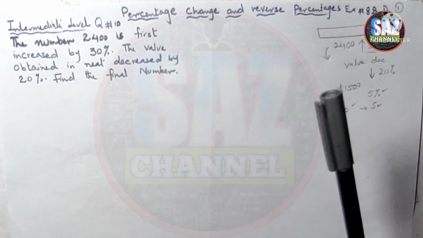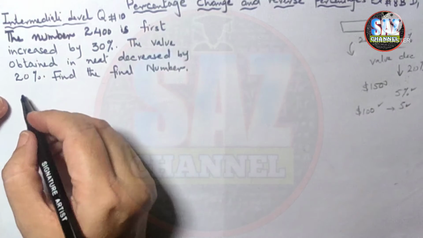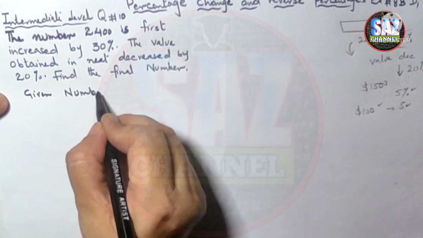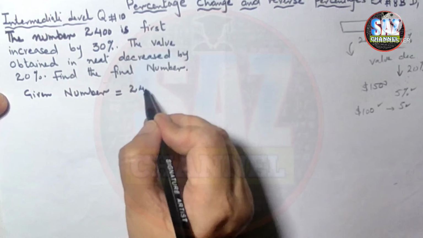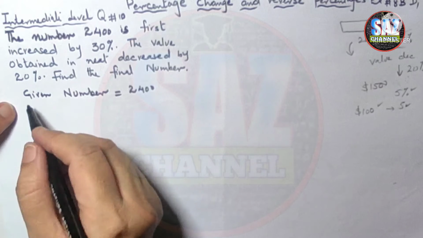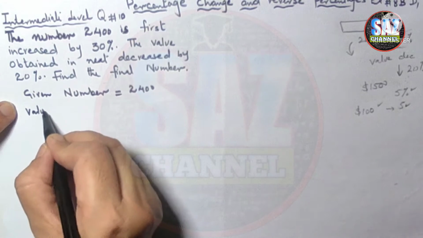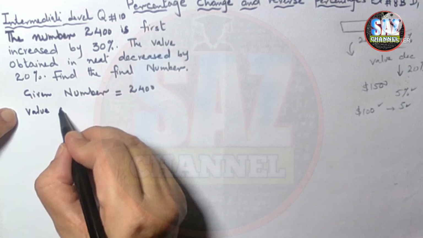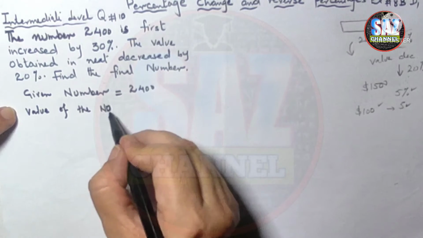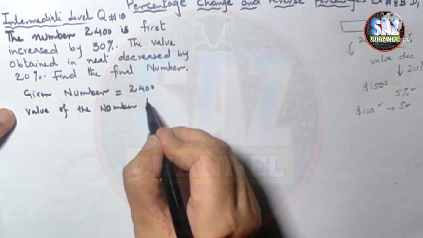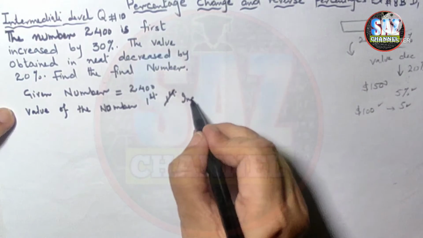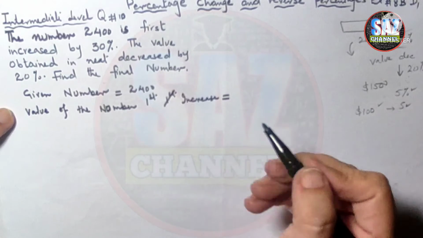So first, the given number is 2400. Then what we have to find is the value of the number after the increase of 30%, the value obtained after the first increase, as that is the 30% increase.